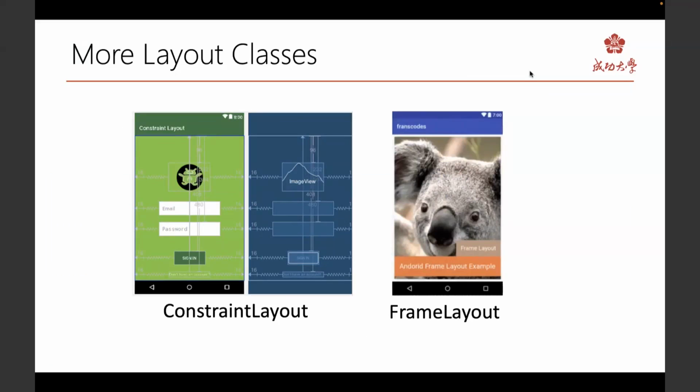later in the semester. So basically, constraint layout is going to arrange its subviews according to the constraints you put on the subviews. For example, you can specify a constraint to align the left boundaries for these two text views, and you can also specify a constraint on the distance between them, and so on.